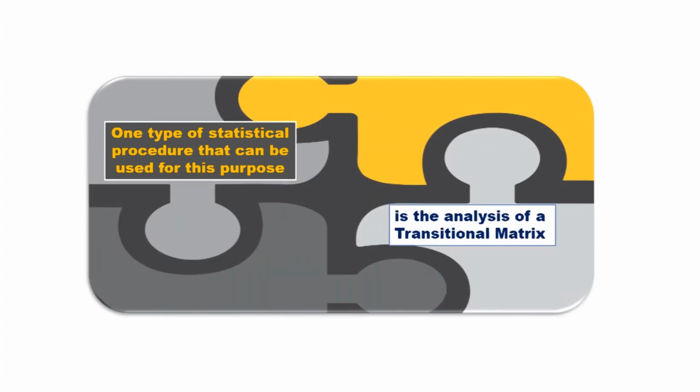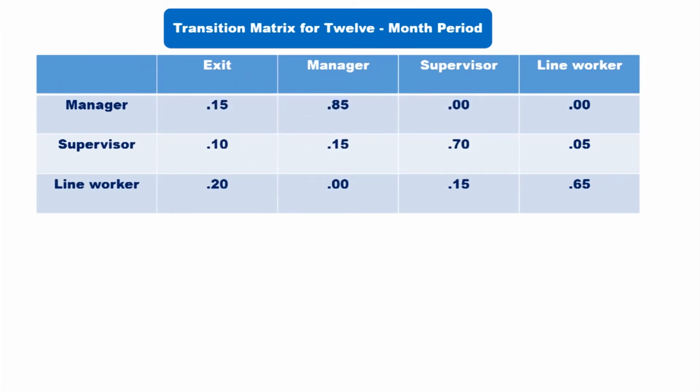Now, one type of statistical procedure that can be used for this purpose is the analysis of a transitional matrix. Let us understand this with this example. In an organization, we are looking at the matrix for a manager, supervisor, and line worker and their probabilities of transition.